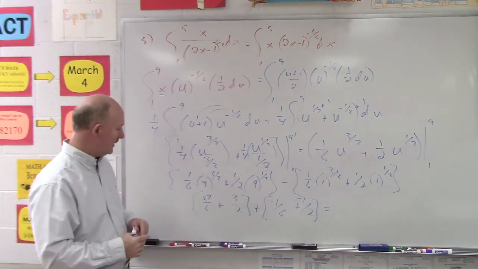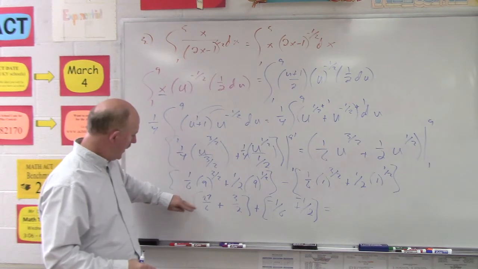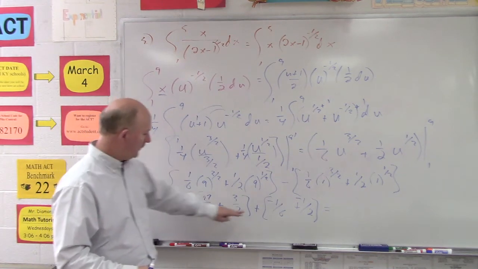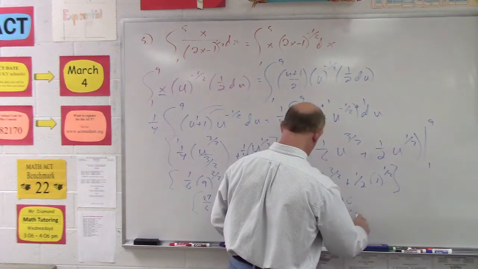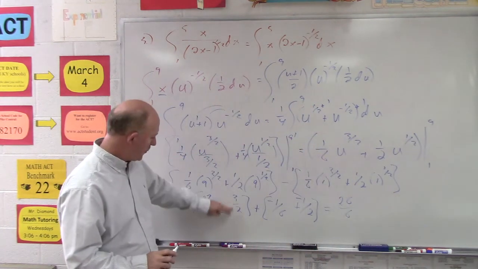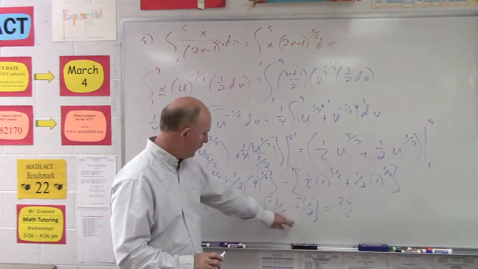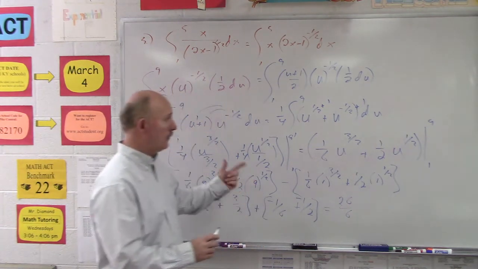So as we combine these now, 27 over 6 and a negative 1/6 would be 26 over 6. And 3/2 and negative 1/2 would be 2 over 2, or 1.